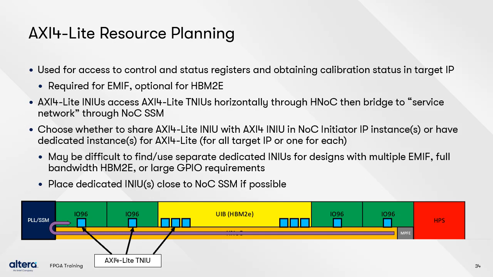However, using dedicated AXI4 Lite initiators is a better option for performance, since the initiators won't need to switch back and forth between regular and sideband traffic. If possible, place AXI4 Lite INIUs closer to the PLL SSM NoC segment to minimize horizontal latency through the NoC.